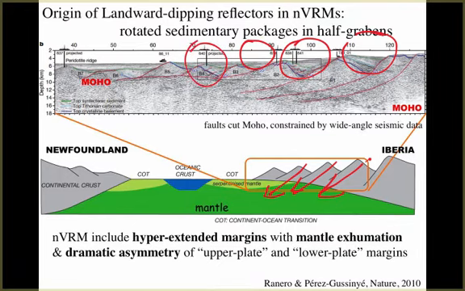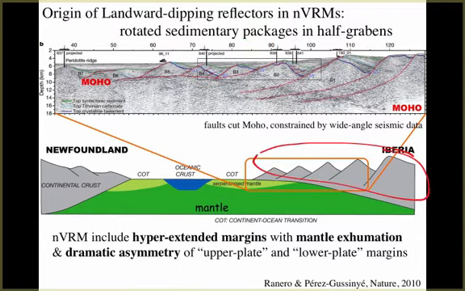Now, these non-volcanic rifted margins include hyperextended margins where we have mantle exhumation and a dramatic asymmetry of the upper plate versus the lower plate margins. So the upper plate being the extended continental crust and the lower plate being the exhumed mantle and oceanic crust.